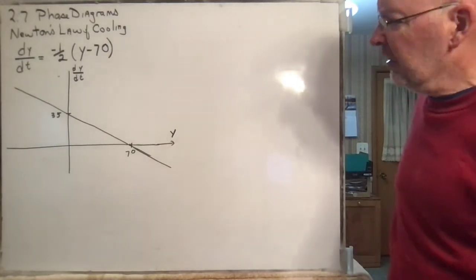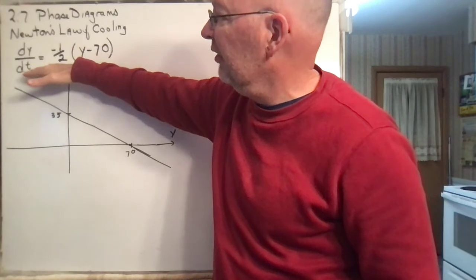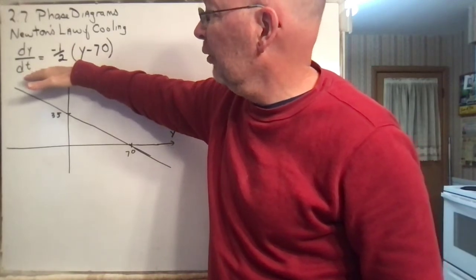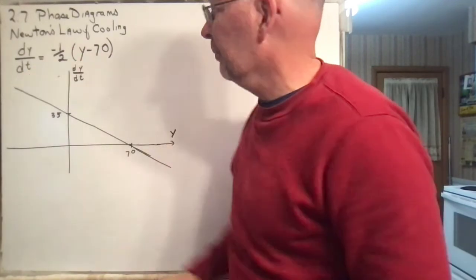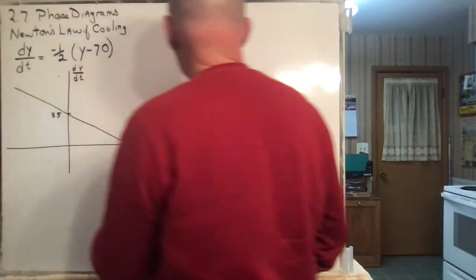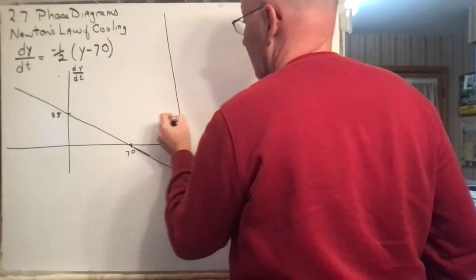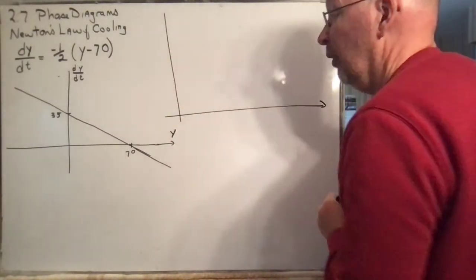Now the question is, how will that graph allow us to get solutions, or at least draw solutions, to this differential equation? Here's how we do it. It's really a clever technique. So now we actually want the solution.